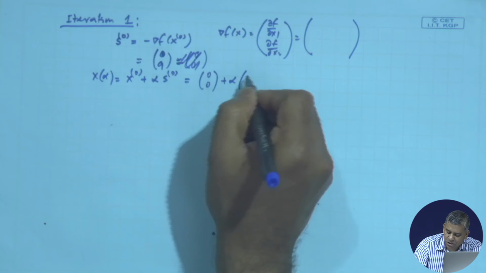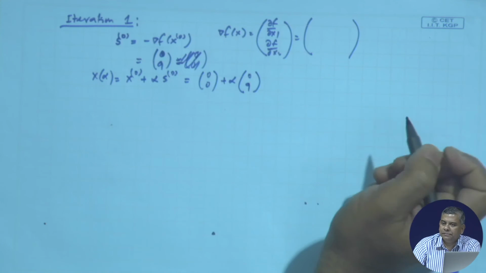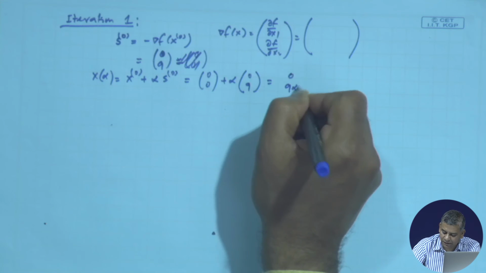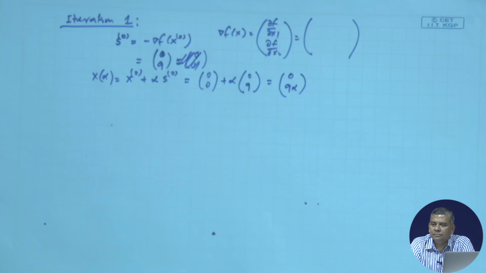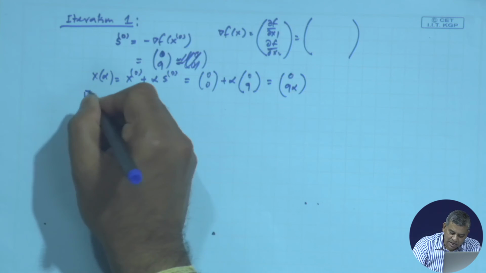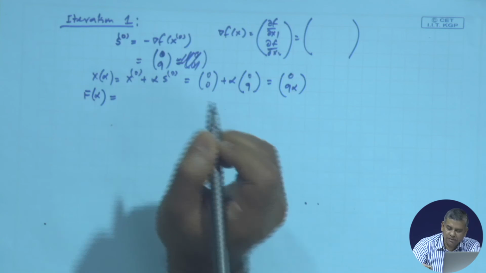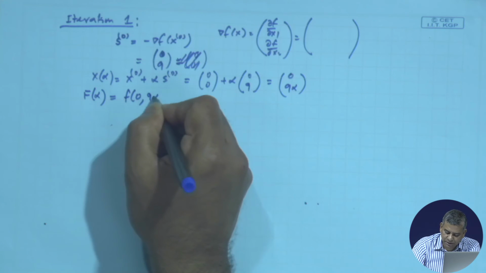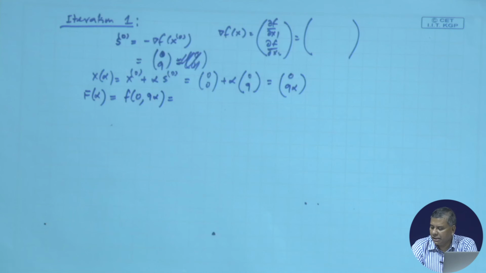Alpha times s naught is 0, 9. So what is that? That is 0 and 9 alpha. Now go and substitute it in f, with x1 equal to 0 and x2 equal to 9 alpha. So you write capital F as a function of alpha by writing it this way, 0 and 9 alpha. Can you write that?